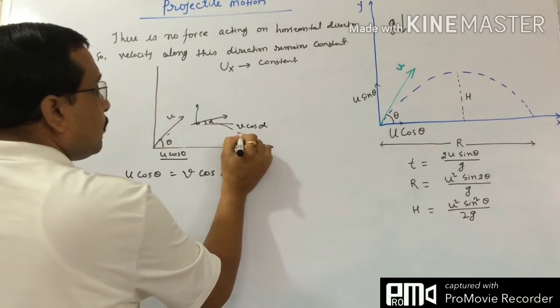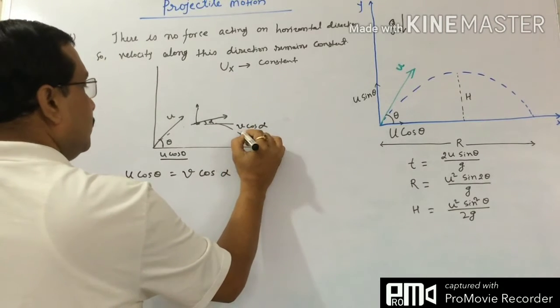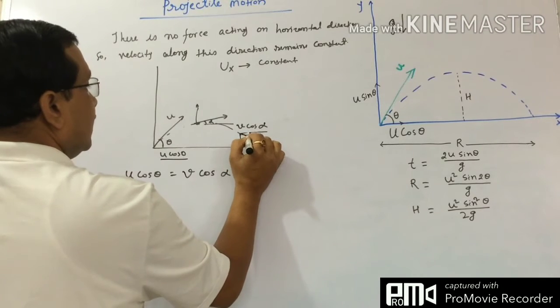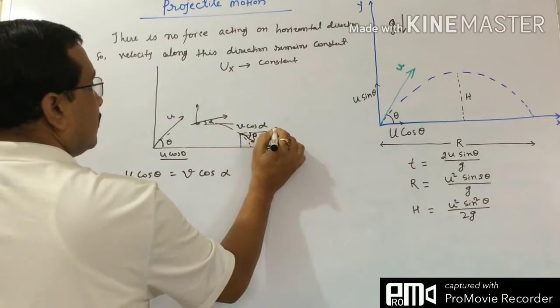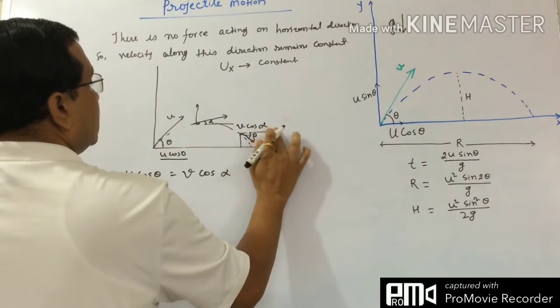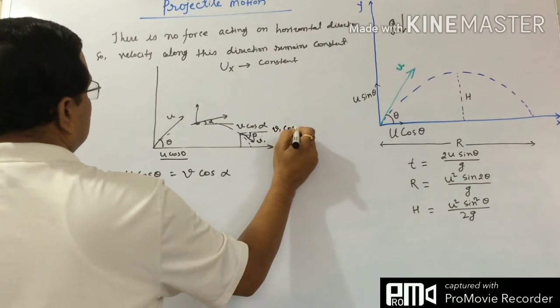Now at some other point, the direction of the tangent is the direction of velocity. If it makes an angle beta and the velocity is v1, then in this direction the velocity component is v1 cos beta.